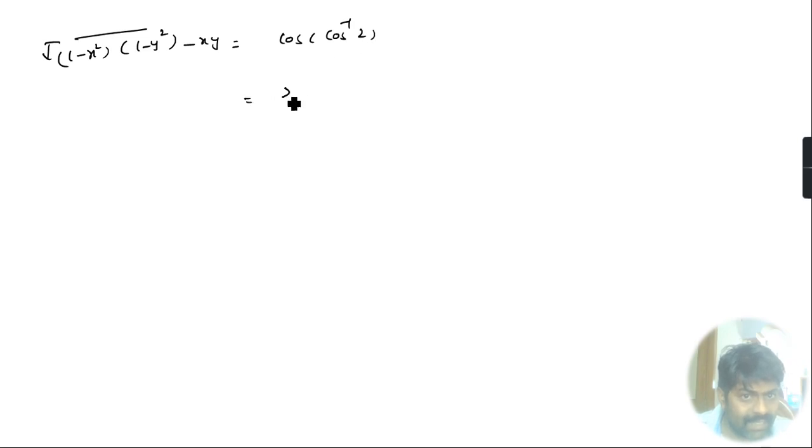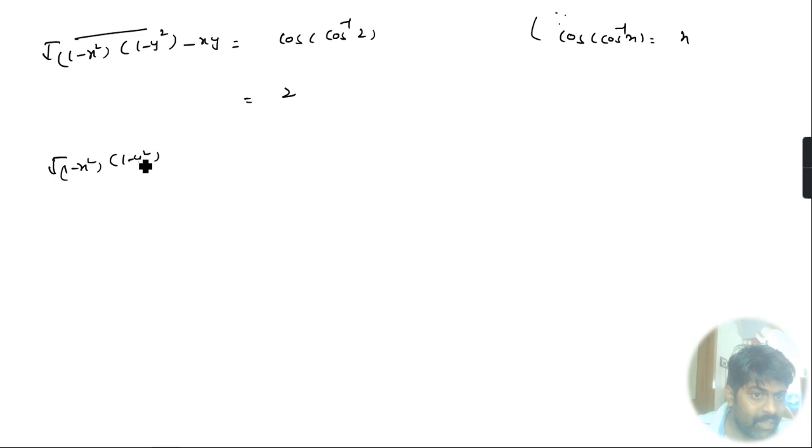This is cos of cos inverse z, which is nothing but z. So we get that root of 1 minus x square into 1 minus y square equal to xy plus z.